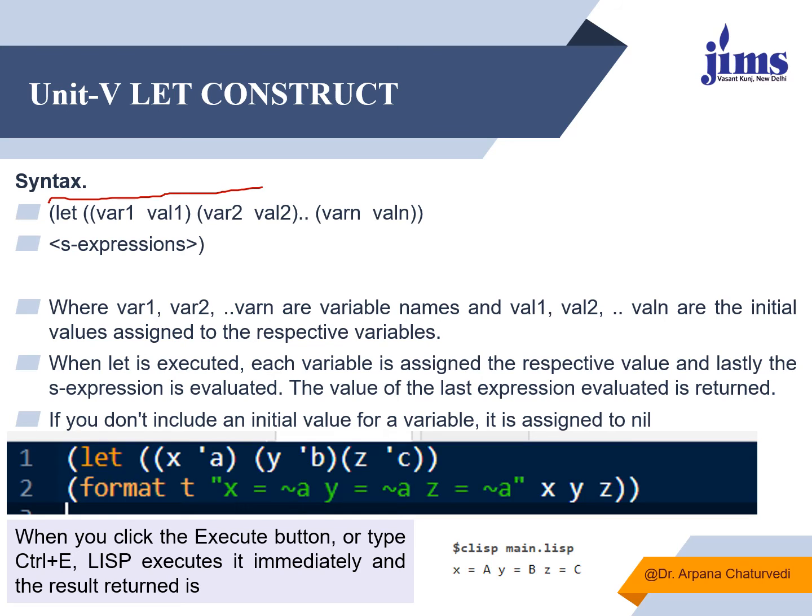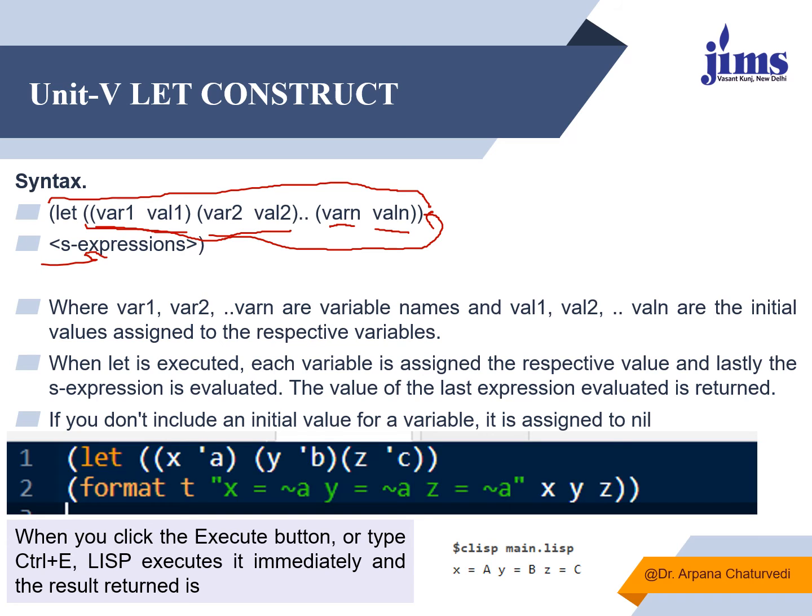Within parentheses, you have to write let, and here within inner brackets, we will be writing var1 val1, var2 val2, and so many other variables till varn valn, and now we will close this bracket.